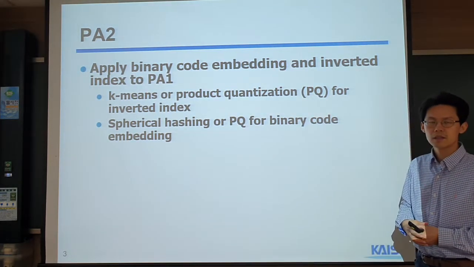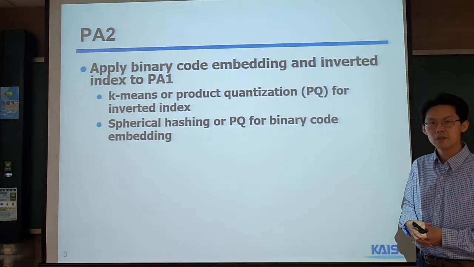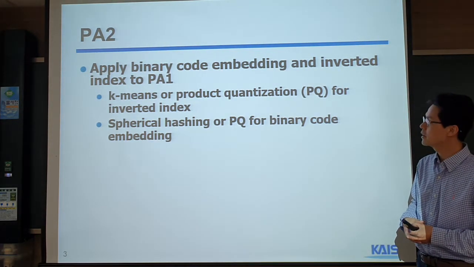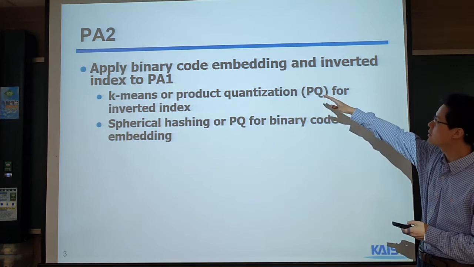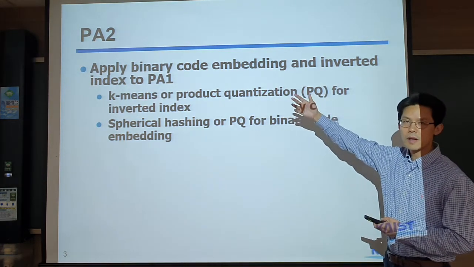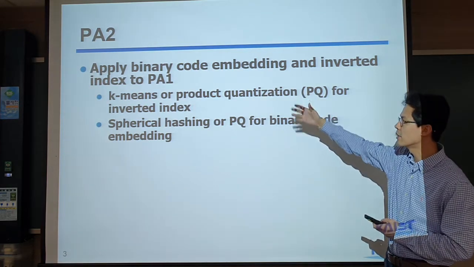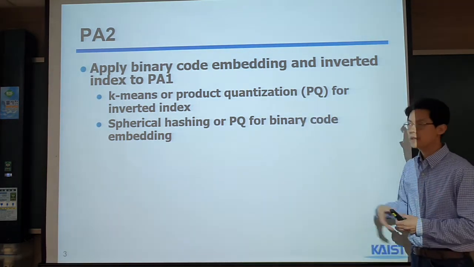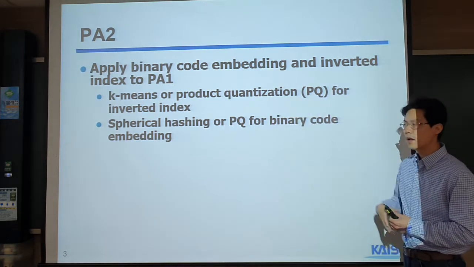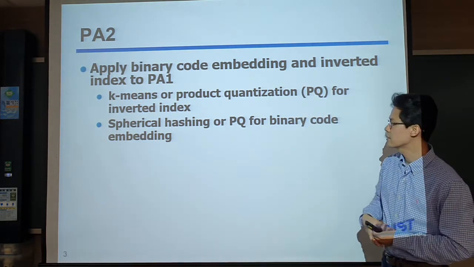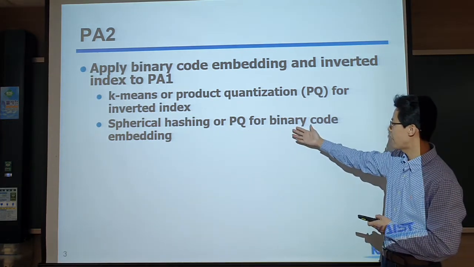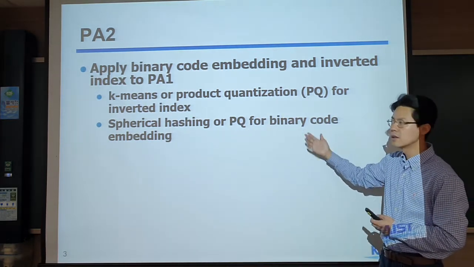Also, I think the TA uploaded the specs of PA2 on the home page. The main idea of PA2 is that you need to apply binary code embedding and also the inverted index to the implementation that you did for PA1. You can use simple k-means or product quantization for the inverted index, and you can use spherical hashing or product quantization for the binary code embedding hashing technique.